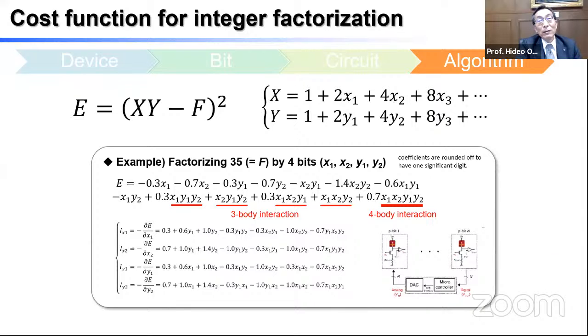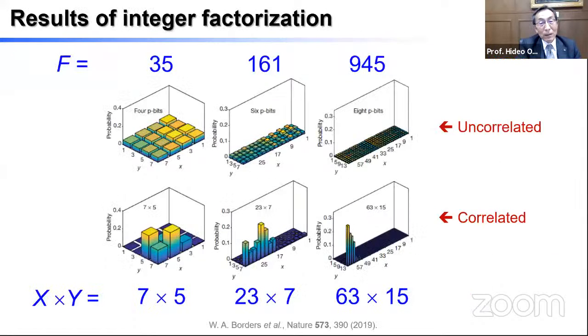So we have an advantage here. So these are the results. As you can see, we can factorize 35, 161, and 945. That's the maximum number, 945, that we can factorize with 8 p-bits.